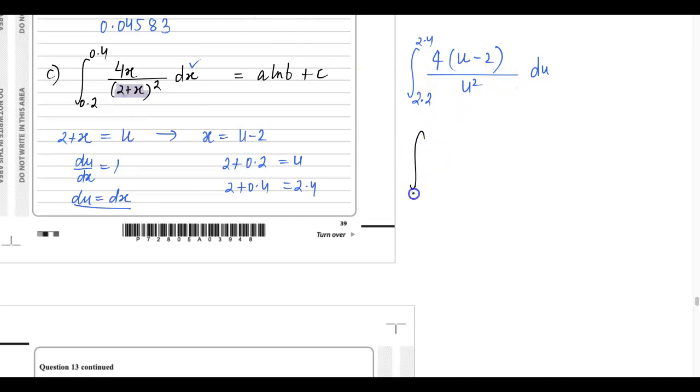So with 2.2 and 2.4, we are going to split the numerator. Can we write it like 4u over u squared minus 8 over u squared? I'm going to write the 4 like this, just to avoid confusion, du.